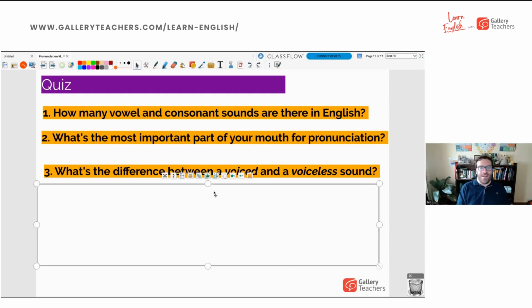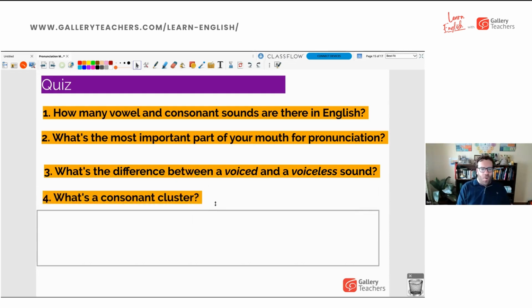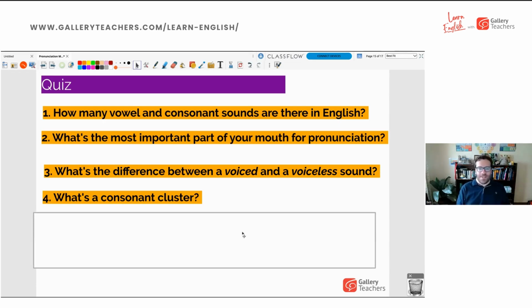Good. Okay, next. What's a consonant cluster? Yes, Sarah. Too many consonants. Yes, it's when you have a collection of consonant sounds together.